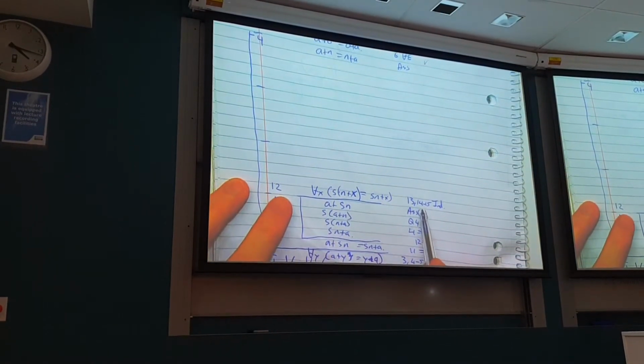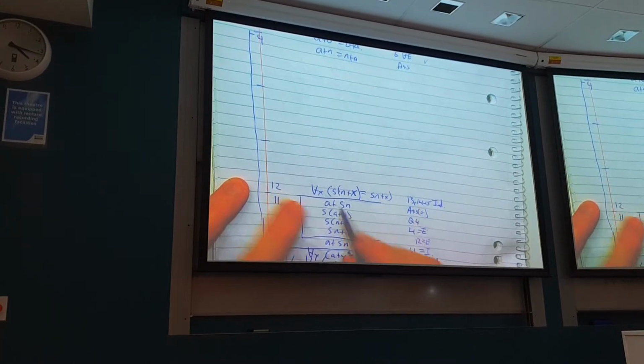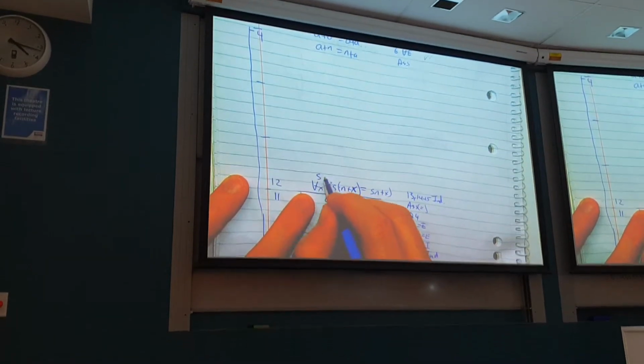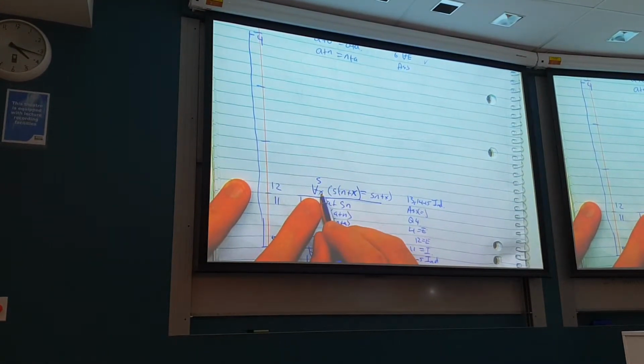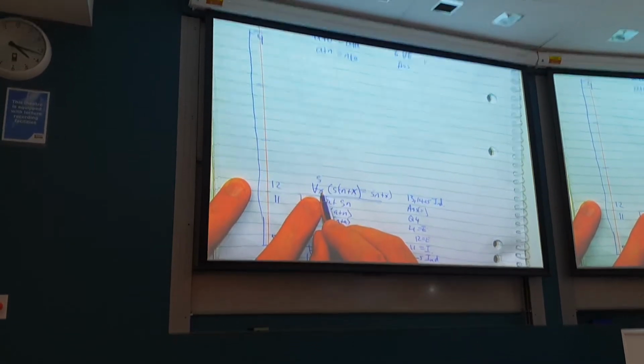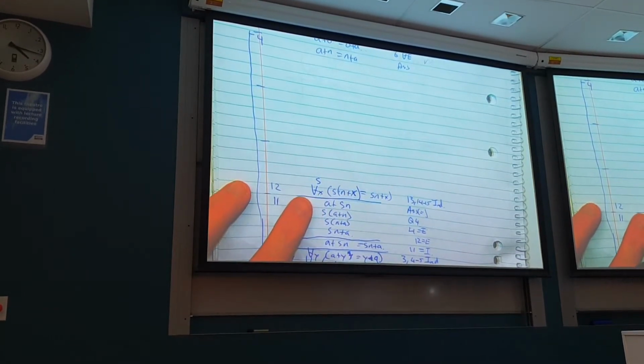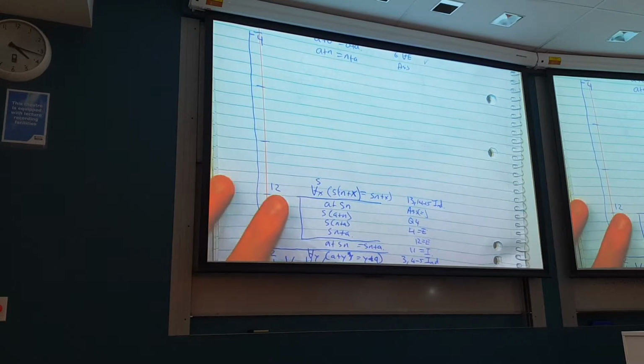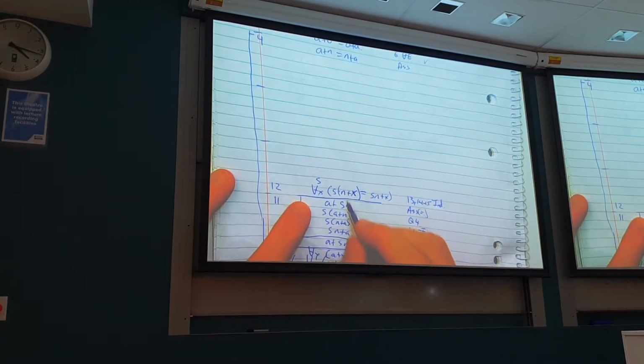Okay, so we're going to need to prove S of n plus x. Now we're doing induction on this x, so I'm just going to use P for our induction now, just so we don't get confused.